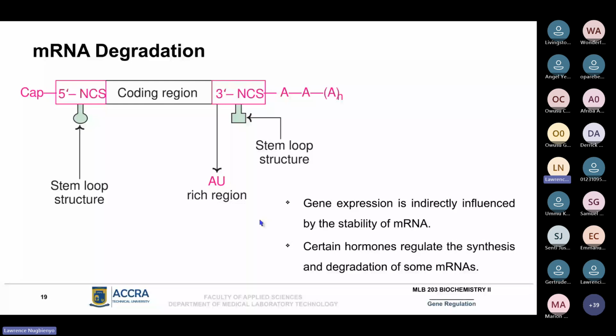So then you have a poly-A tail. That is the nucleotide adenosine monophosphate attached to the 3' end. Then you also had, I think, some methyl cap also attached to the 5' end. That is a form of protection of the messenger RNA.